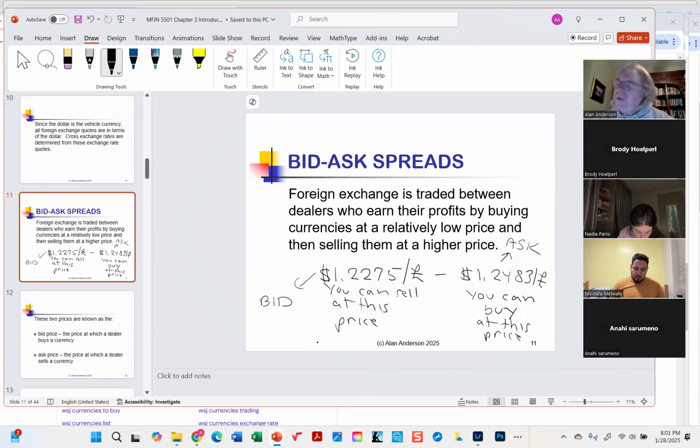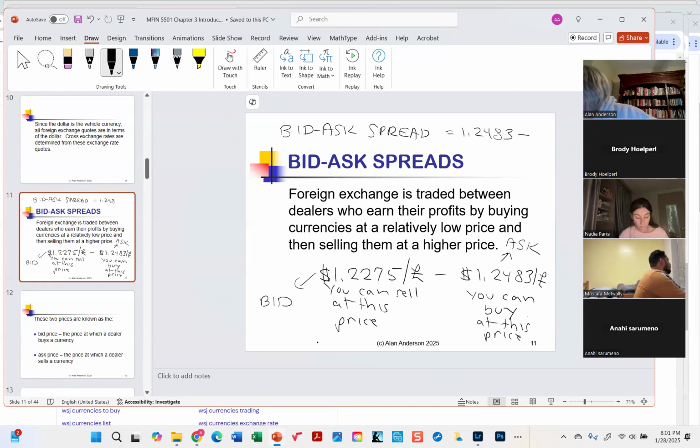The spread, the gap between the two, is called the bid-ask spread. This is the difference between the two. In this case, that would be 1.2483 minus 1.2275, approximately 0.02 dollars per pound.